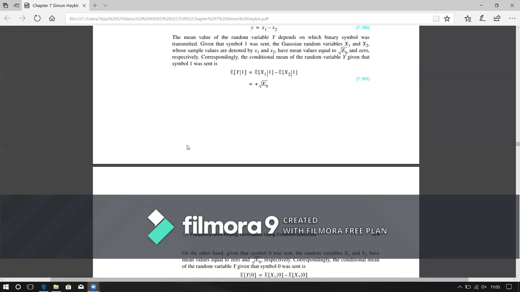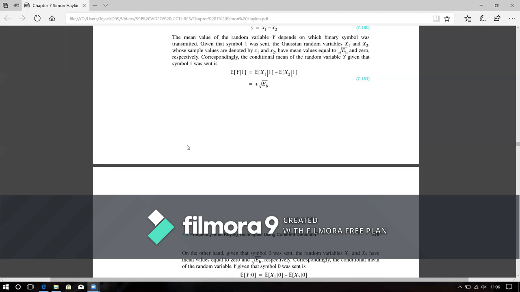Let us consider a new Gaussian random variable Y whose sample value small y equals x1 minus x2. The mean value of the random variable Y depends on which binary symbol was transmitted. So let us find out what it is.